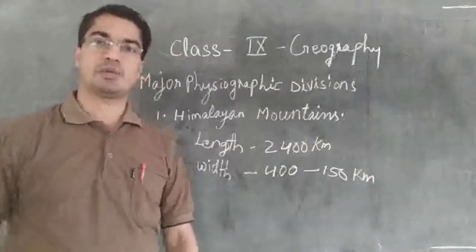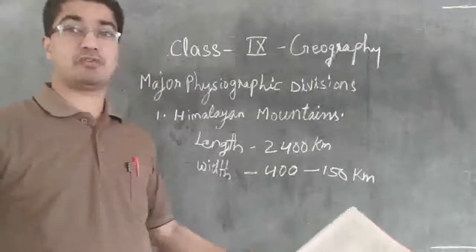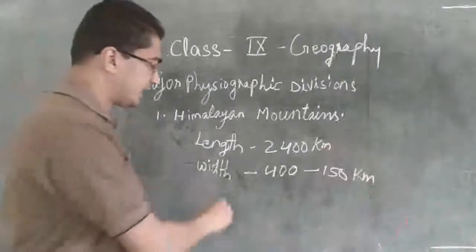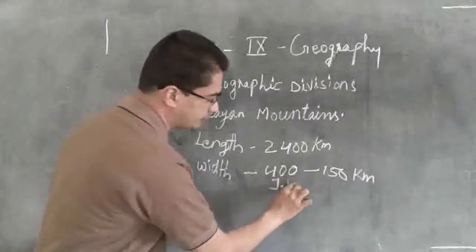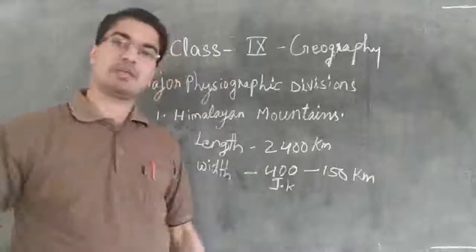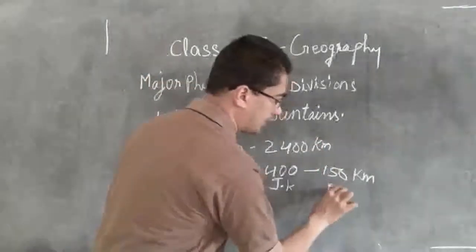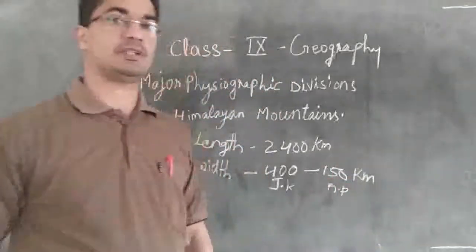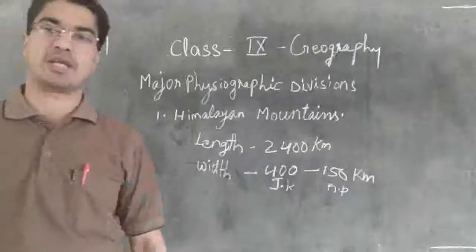So Himalayan mountain, some places it is very wide, reaching up to 400 kilometers, especially in J&K. And some places it is very narrow, especially when it reaches Arunachal Pradesh. So that is the situation of this Himalayan mountain.